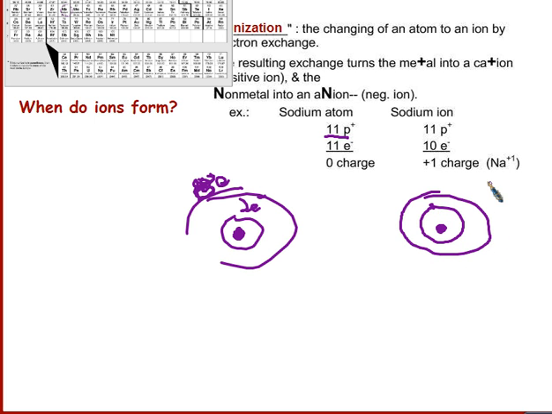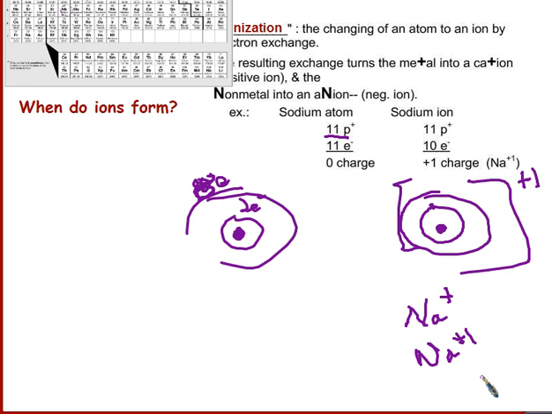And this is the sodium ion, and this whole thing has a plus 1 charge. It is written like this: Na plus, or Na plus 1, or Na 1 plus. Any one of those three is okay.